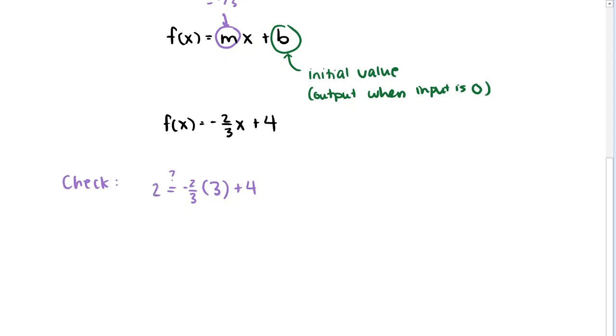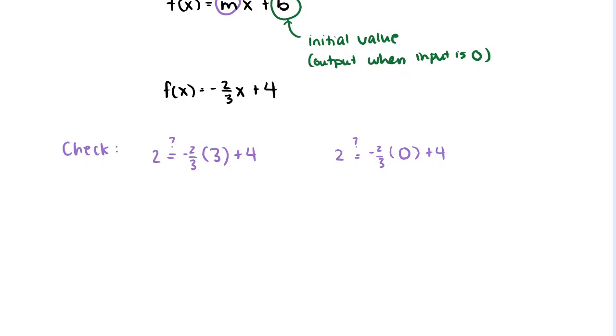And I can also check that if I input 0 into my function, do we get an output of 4? Does it satisfy both conditions for this function? And we can see for this second example, if I plug in 0, well, 0 times negative 2 over 3, that's going to be 0.